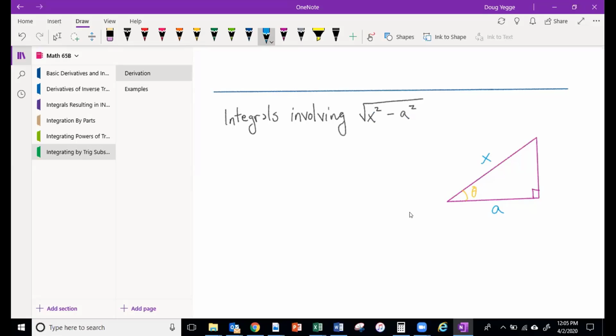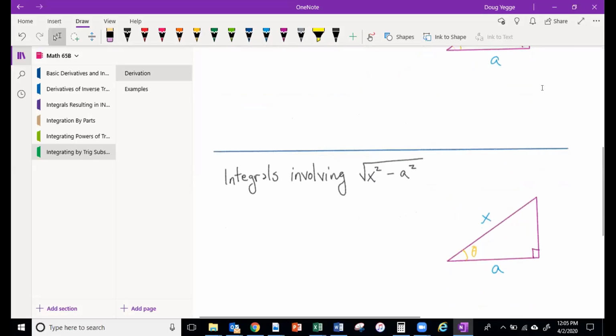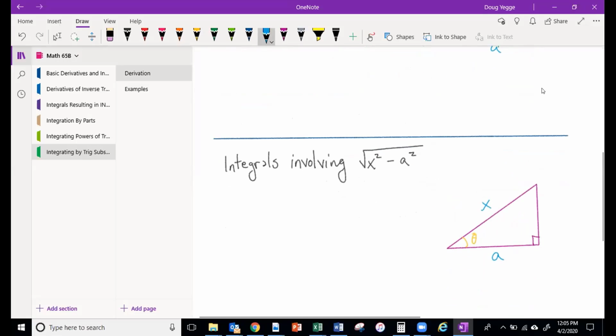And if we do the Pythagorean theorem, we end up finding out that that missing side will be a squared plus this side squared, a squared plus the height squared equals x squared. So that means that the height is going to be the square root of x squared minus a squared.